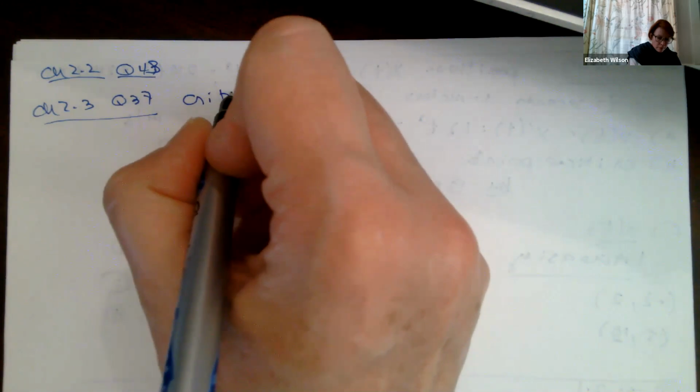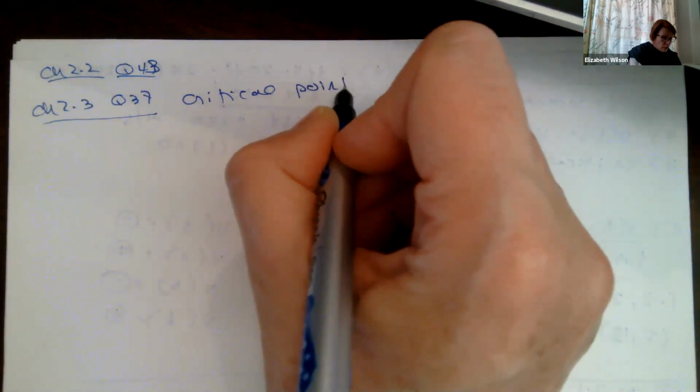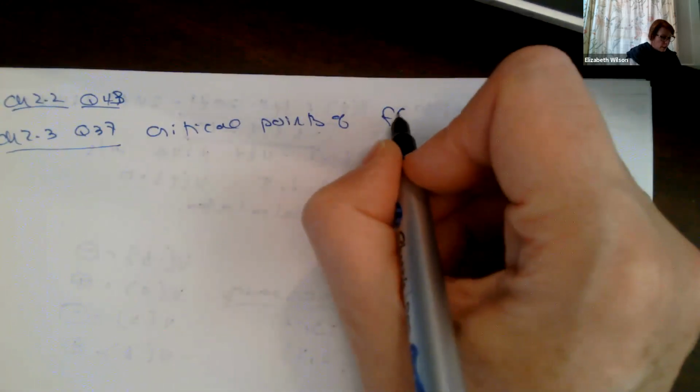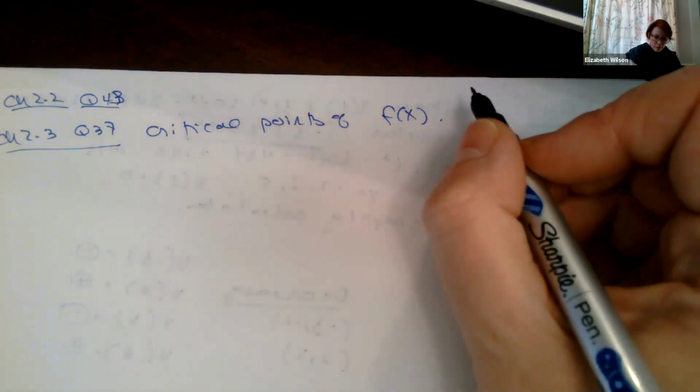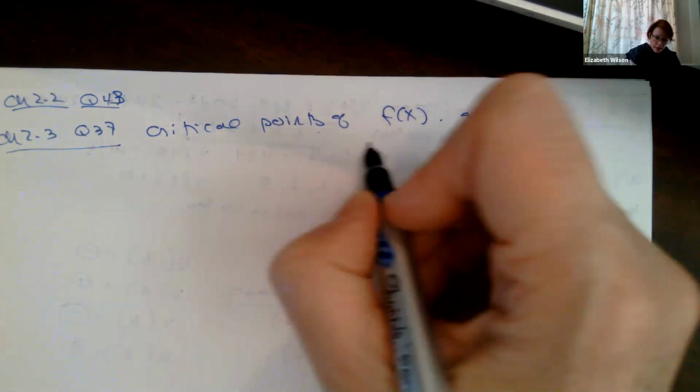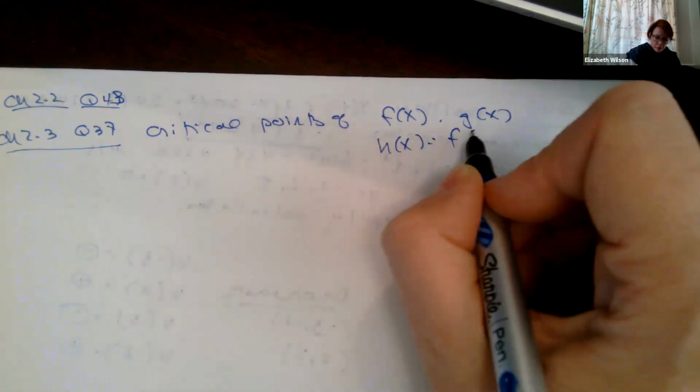And 37 and 39 on 2.3. Okay, so chapter 2.3, question 37 goes like, we want to find the critical points of f of x and g of x, and h of x equals f of g of x.